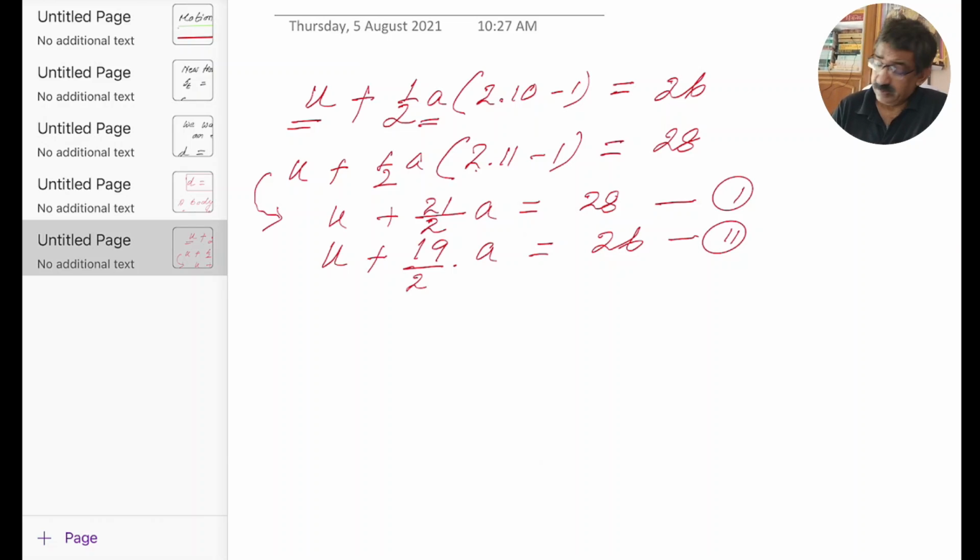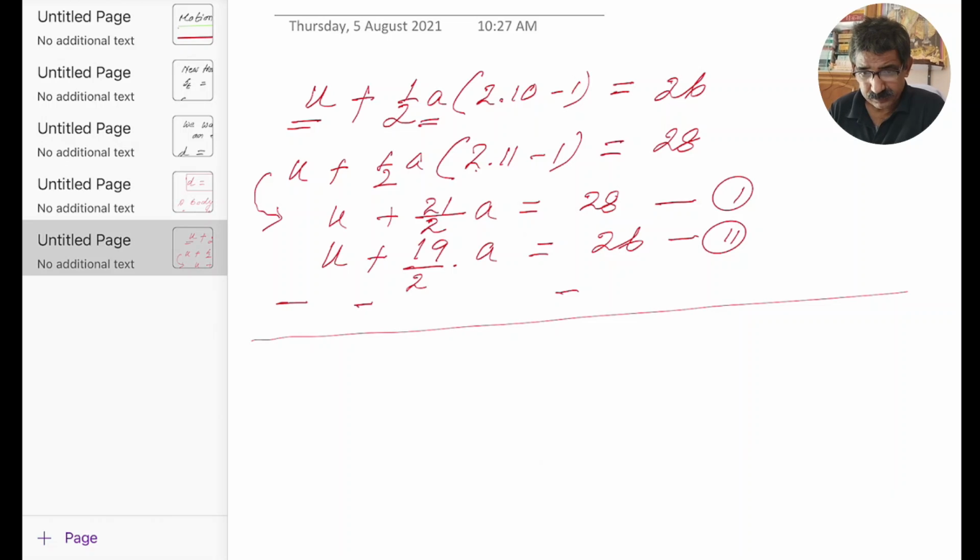Okay. Now you have solved such problems. You know how to solve these problems. Subtracting, u minus u is equal to 0, it cancels. 21 by 2 minus 19 by 2, within brackets, into a is equal to 28 minus 26, that is equal to 2. 21 minus 19 means 2 by 2, that is equal to 1.